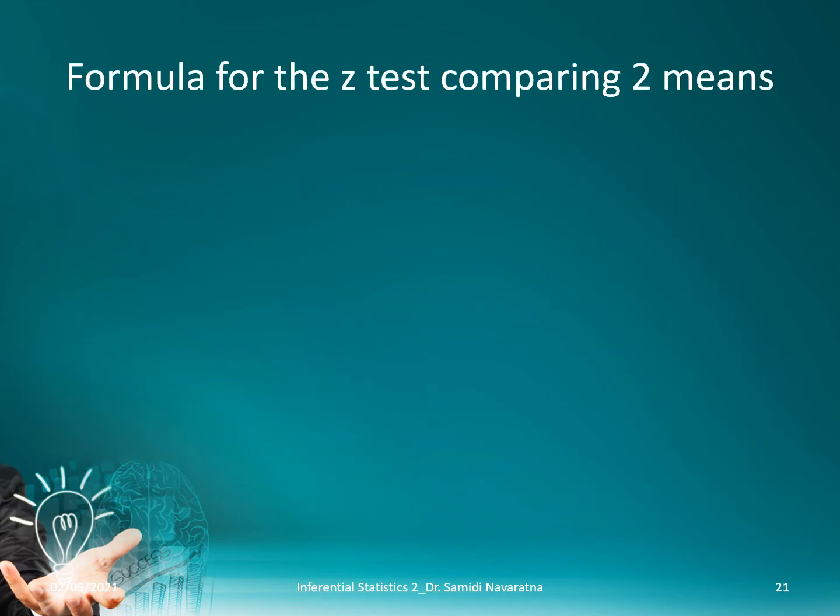Let's look at the formula for the z-test comparing two means. If you can remember, any given test statistic equals the observed value minus the expected value divided by the standard error. In this case, there are two samples, so we are looking at the difference.